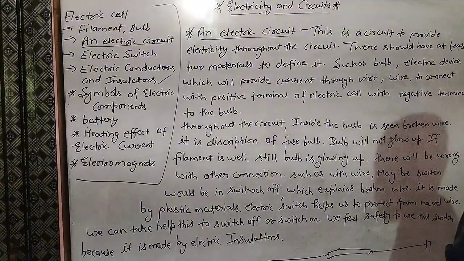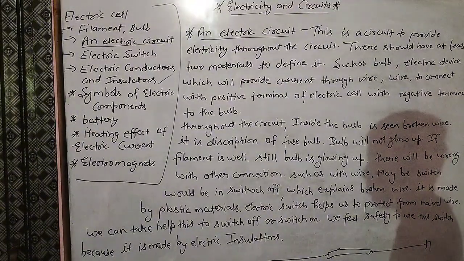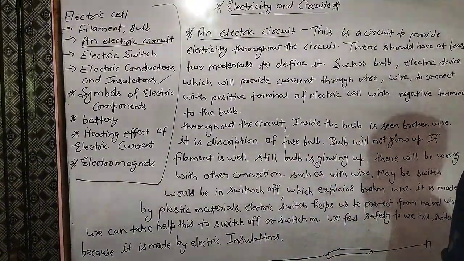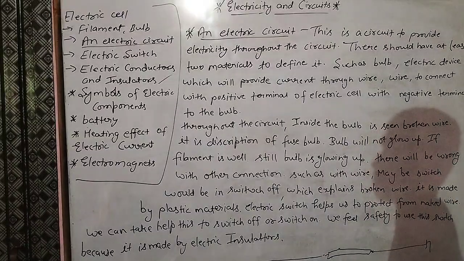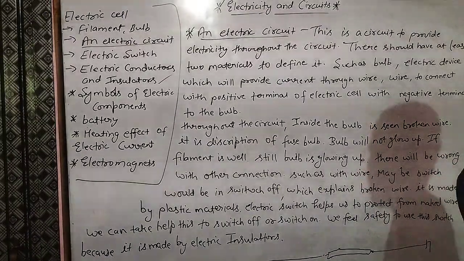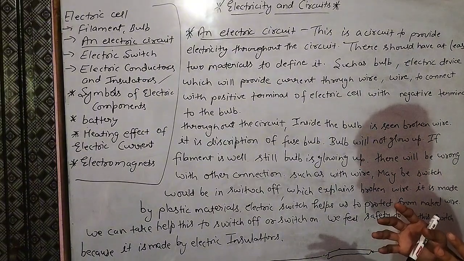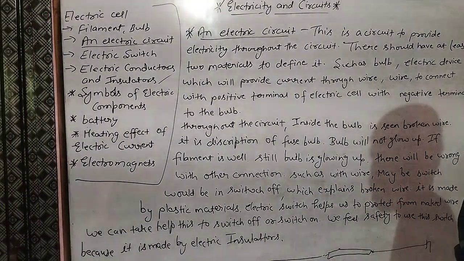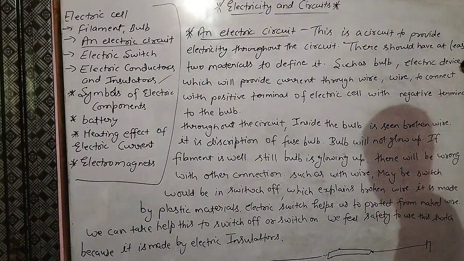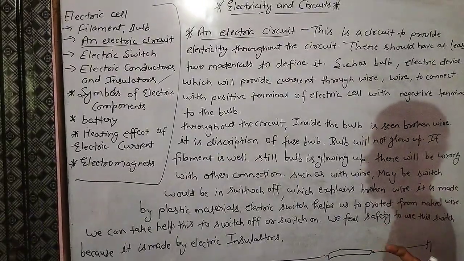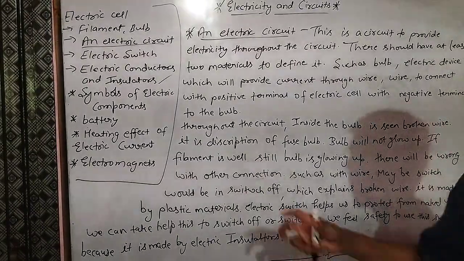Examples of insulators are marker, book, door, plastic door, not iron door, wall, house. All these are not electric conductors. All these are electric insulators.